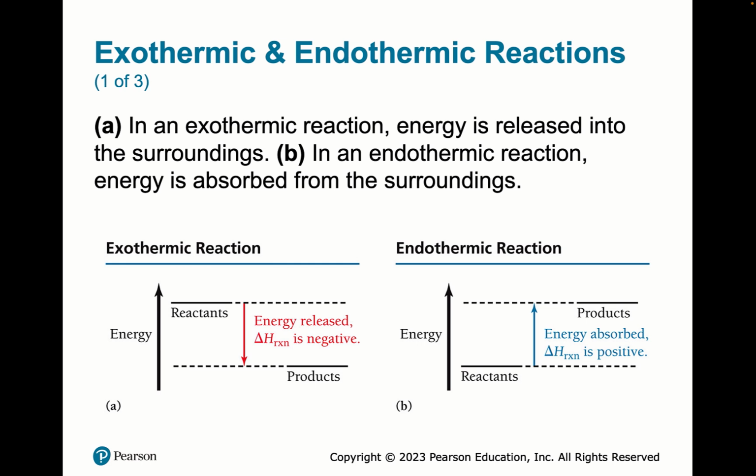If it's exothermic, the potential energy goes down, and that difference in energy is released. The opposite is true for endothermic reactions. The reactants start at a low potential energy, and the products are at a higher potential energy. That means the chemical reaction absorbs energy, and the heat of reaction is positive.